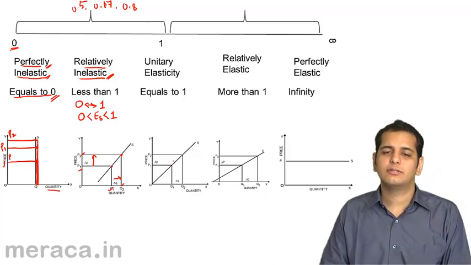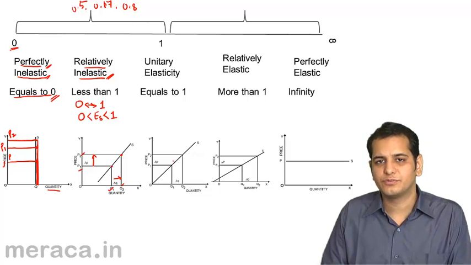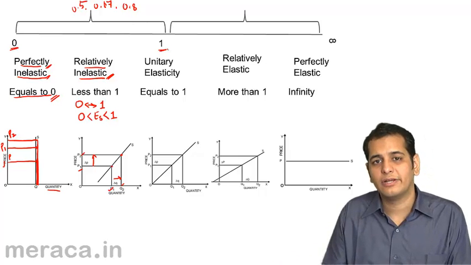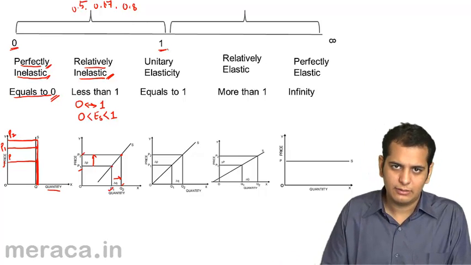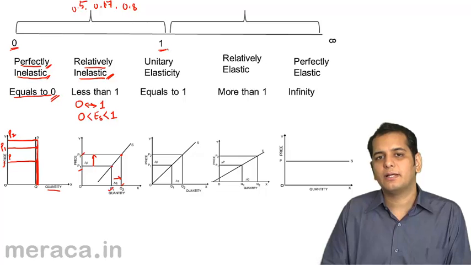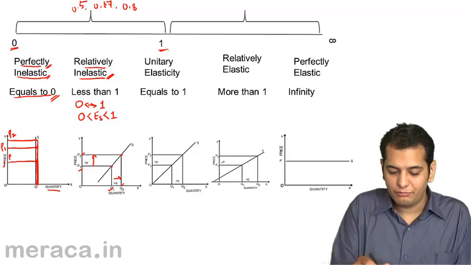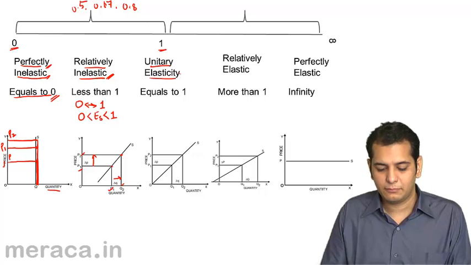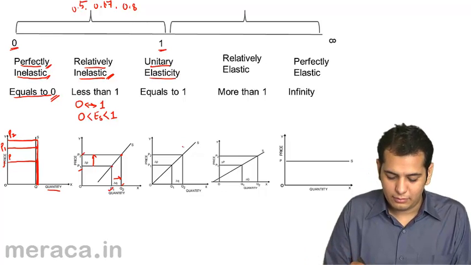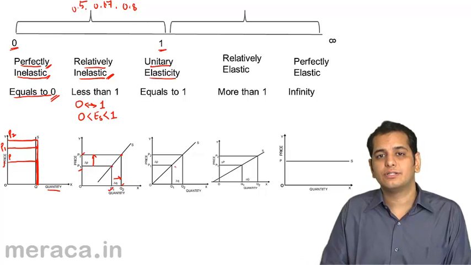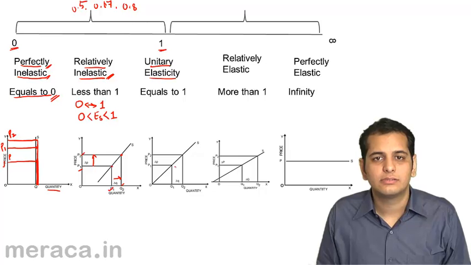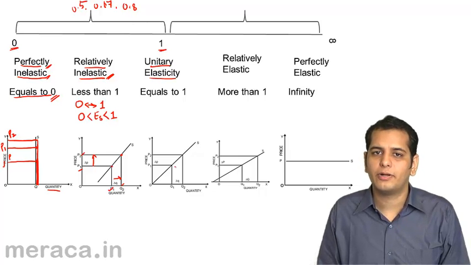Let's assume that when you calculate the elasticity of supply, you get the answer 1. It is exactly 1. If the elasticity of supply equals 1, we call it unitary elasticity of supply. Unitary elasticity of supply implies a proportionate change in supply in relation to price.